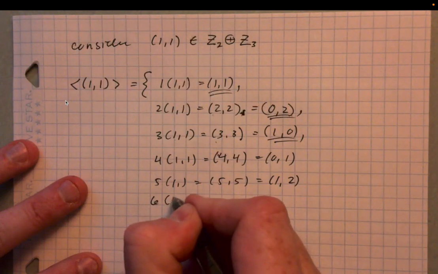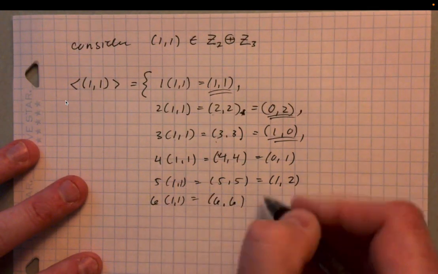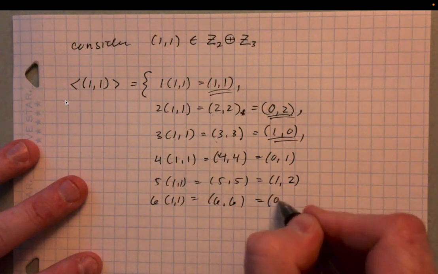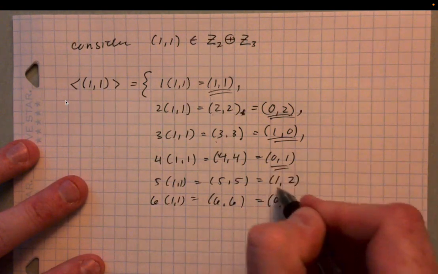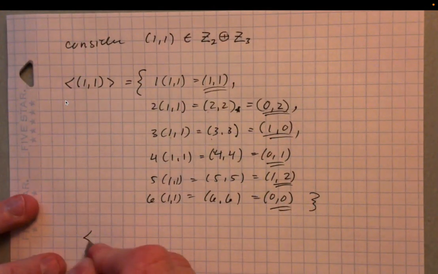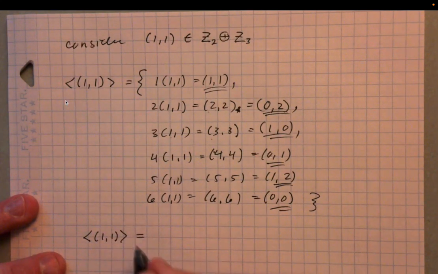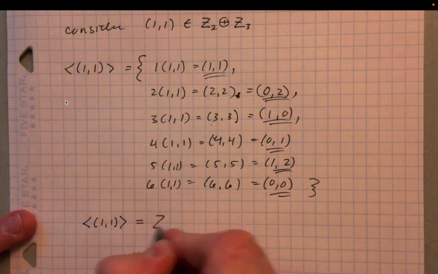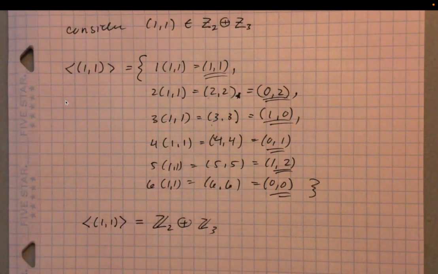What about 6? Well, 6 mod 2 is 0, and 6 mod 3 is also 0. So what we can see here is that the element 1, 1 generates the whole group.